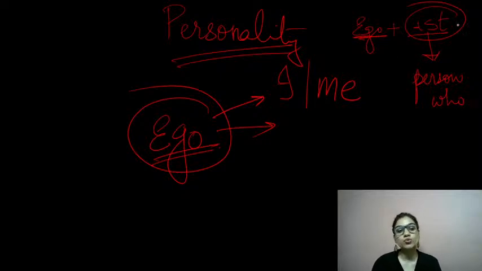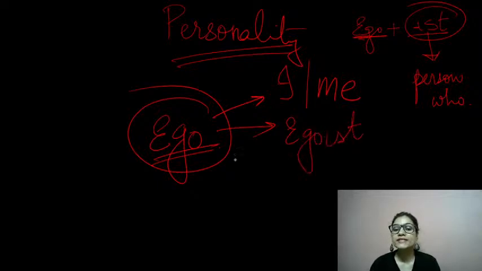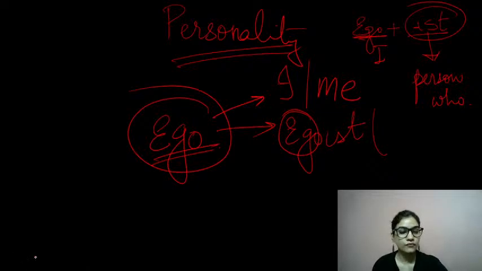So egoist is a person who always considers about himself, always thinks about himself. That's the person who's referred as egoist. So I and person who, so always keeps I first. Egoist is a person who always keeps I first, right?